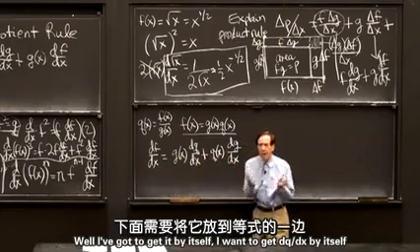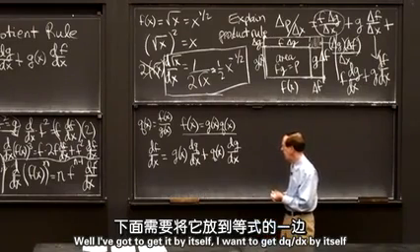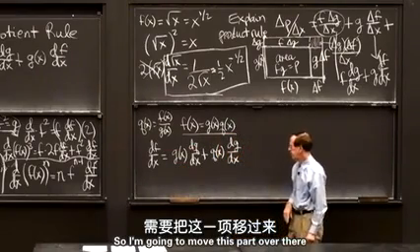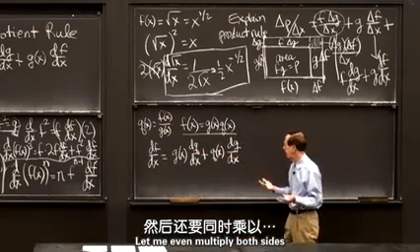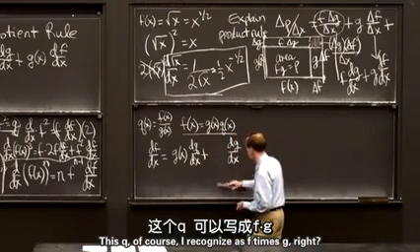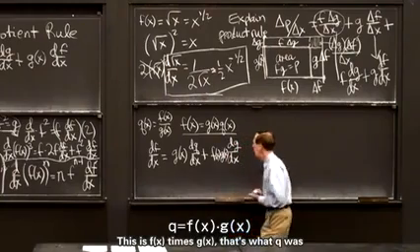Well, I've got to get it by itself, right? I want to get dq dx by itself. So I'm going to move this part over there. Let me even multiply both sides. This q, of course, I recognize as f times g, right? This is f of x times g of x. That's what q was.